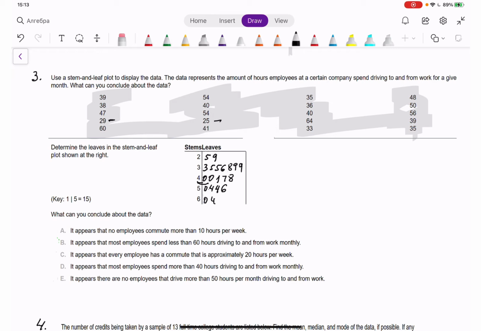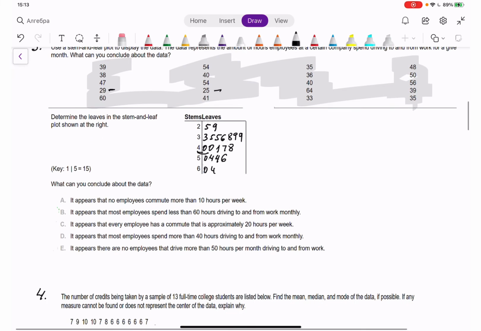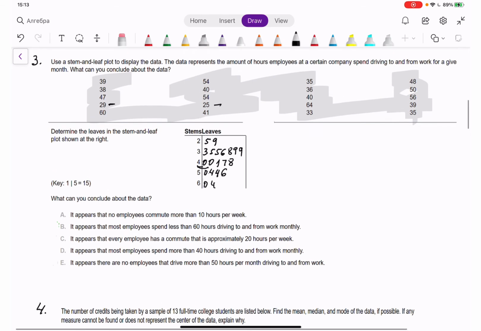Okay? So the next question is, what can we conclude about the data? So it appears that no employees commute more than 10 weeks. Those are weeks. No, we don't have 10 weeks here because our stem doesn't represent 10. What do we have?